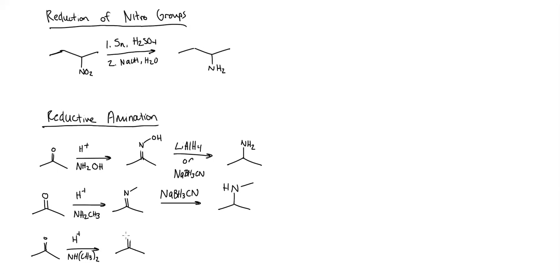So in this case, I make this thing, because this has two methyl groups on it, right? So I've made this. And I can reduce this by using a very similar reagent to the NaBH3CN. I'm going to use NaBH(OAc)3, okay, with acetic acid.